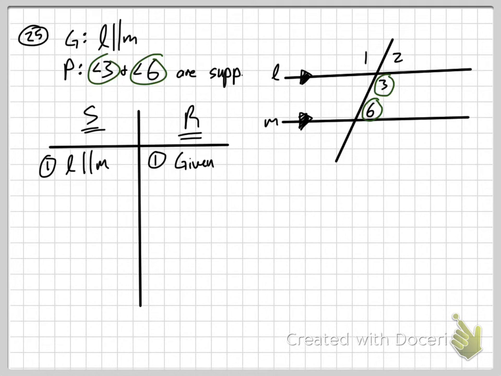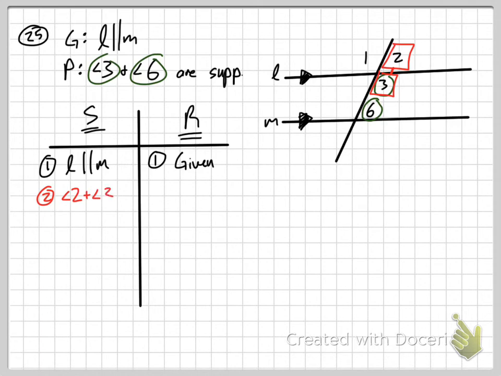One of the things that I see is that 2 and 3 are adjacent and they form a straight line. So we can connect 2 and 3 together and say that they are supplementary.